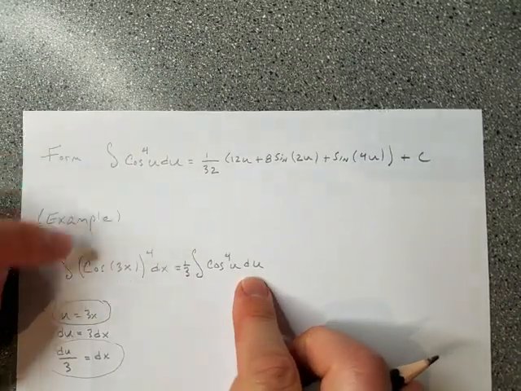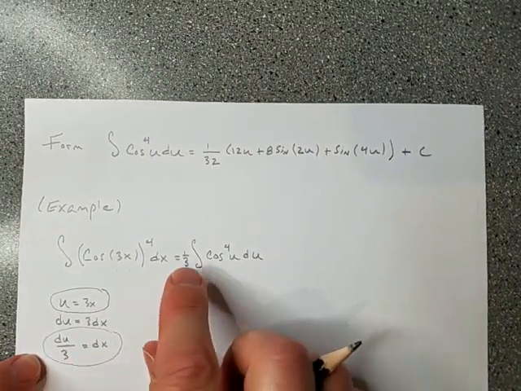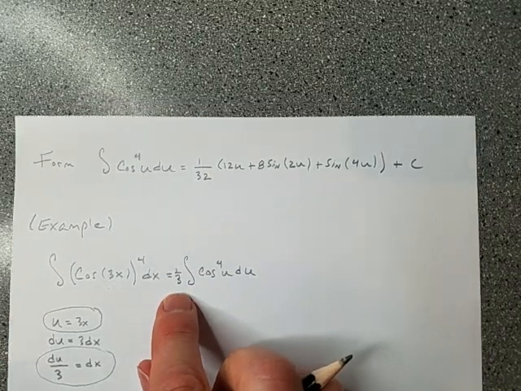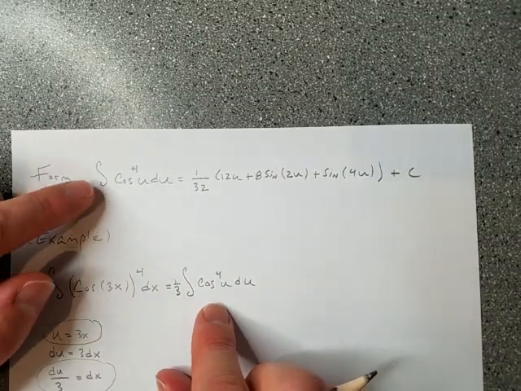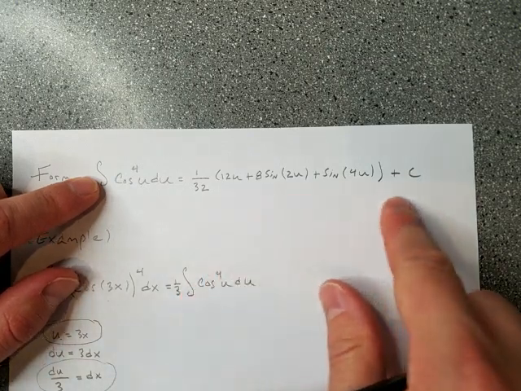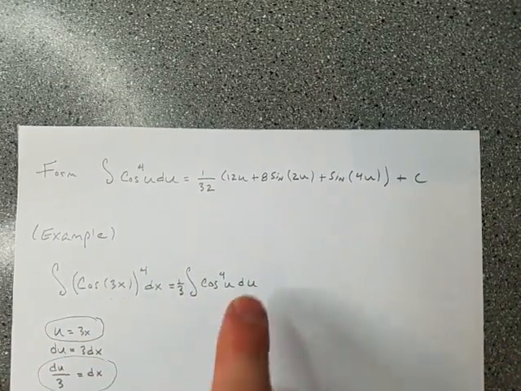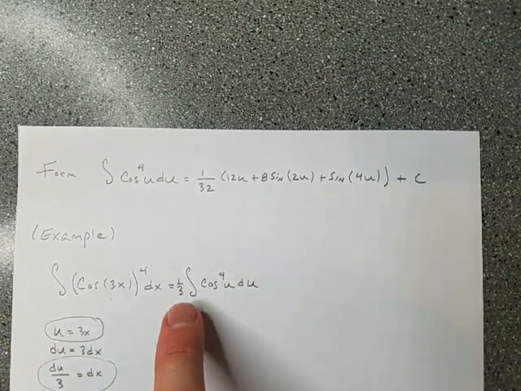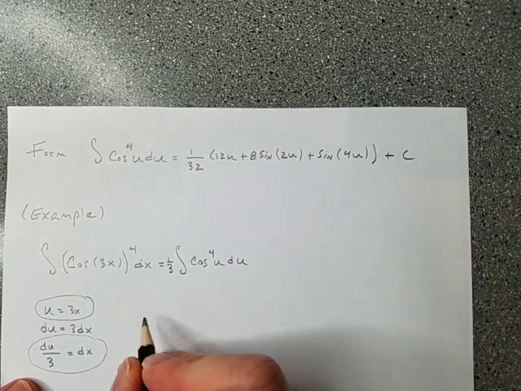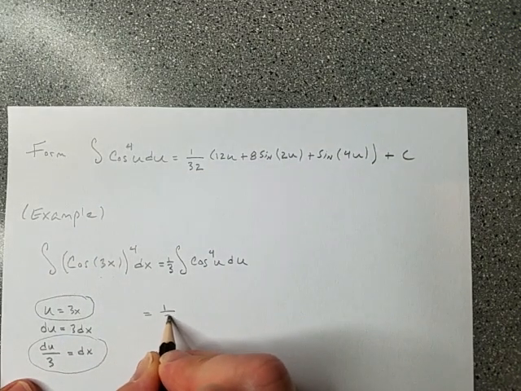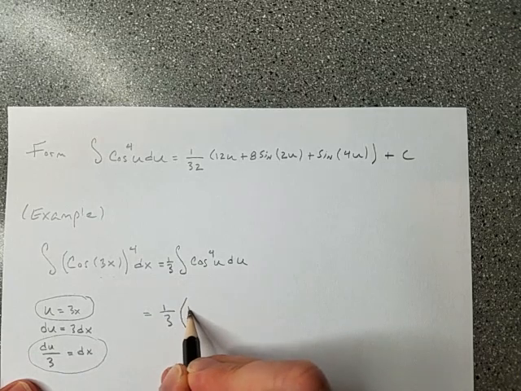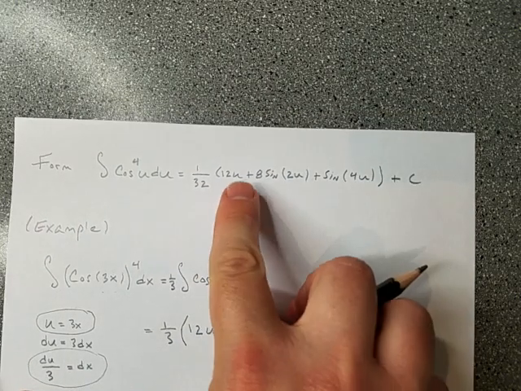Okay, so the u substitution introduced this factor of 1/3, but otherwise it gave me the form of my integral that I've got my answer to, okay? So I just need to take this and multiply it by 1/3, okay? So here it goes. I'm going to get 1/3 times 12u, okay?